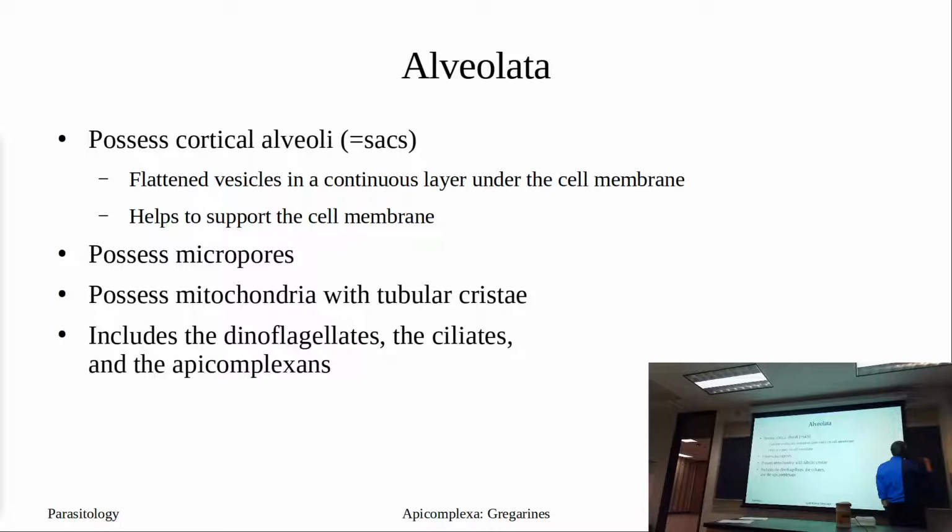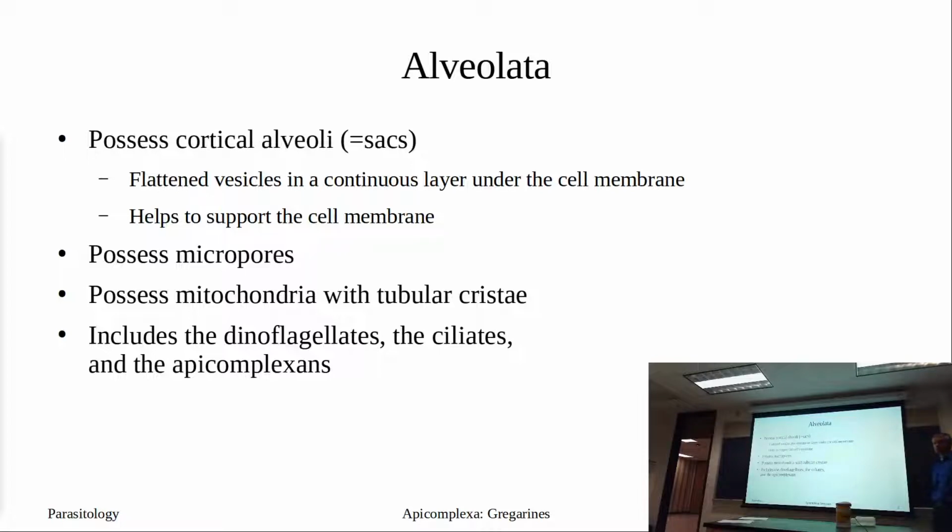But that's not necessarily what they look like. Instead, they're more flattened right underneath that membrane. The purpose of these is that they help support the cell membrane, providing more structure to it. So that's where it got its name, these alveoli.